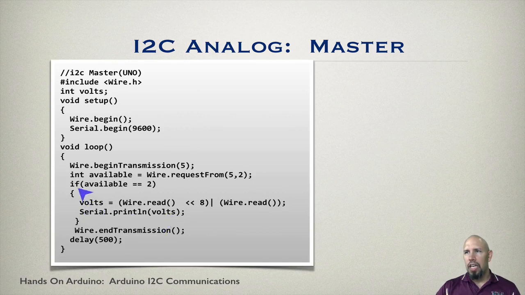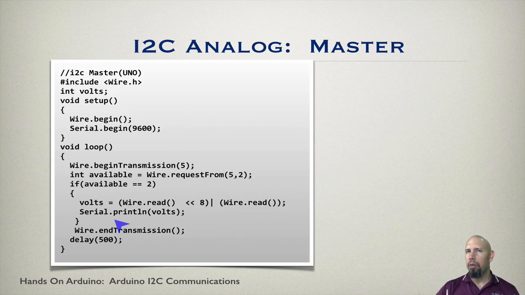If it's available, it will do this, and then we will end transmission and wait half a second for the next reading. Notice that I have this if. It's possible that you don't get 2 for some reason. You could also have an else in here that would display something if you got a different number of bytes being sent.